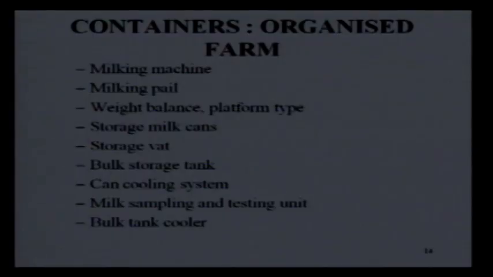Now you can see in organized form what containers we normally keep. It is a milking machine, milking pail, weight balance, platform type, milk cans, storage vat, bulk storage tank, can cooling system, milk sampling and testing unit, and the bulk tank cooler. These are the containers normally available at the big farm.